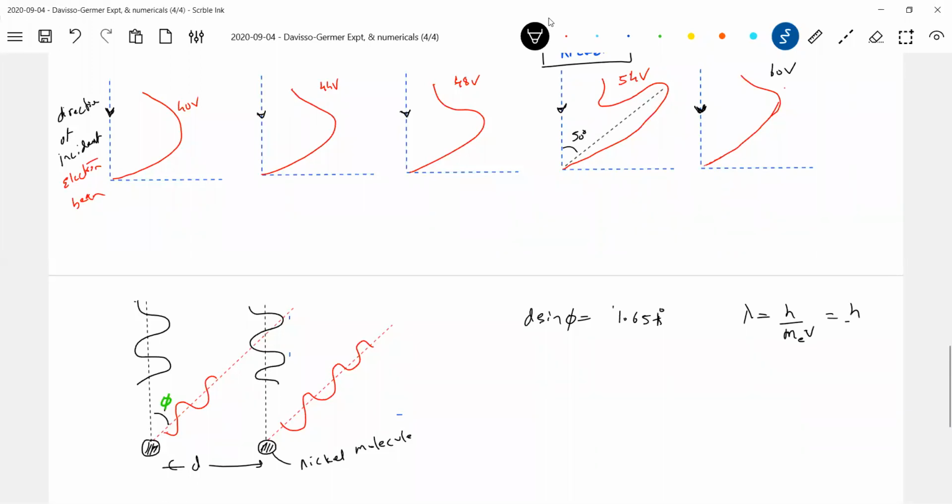I'll take help of momentum. What can we write? Root of 2 m e into K, kinetic energy. Further, how do they acquire this kinetic energy? When I pass them through a potential difference V naught.